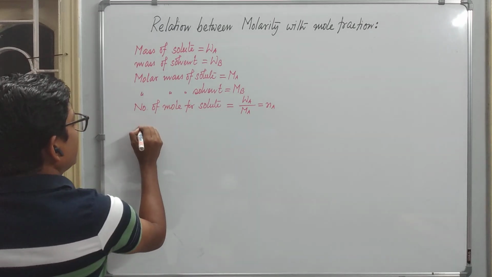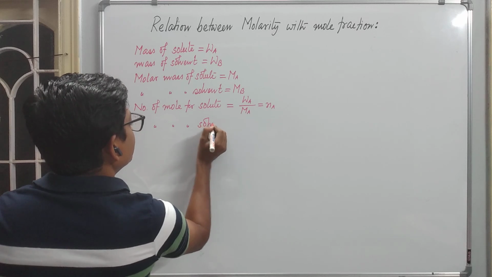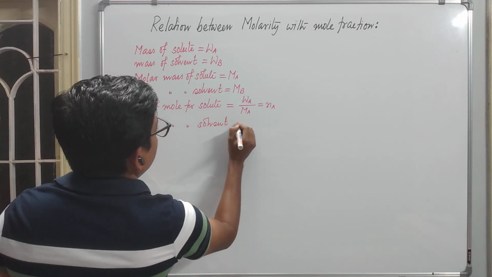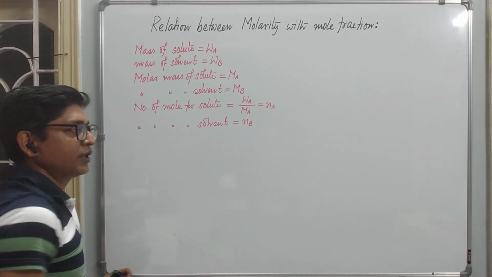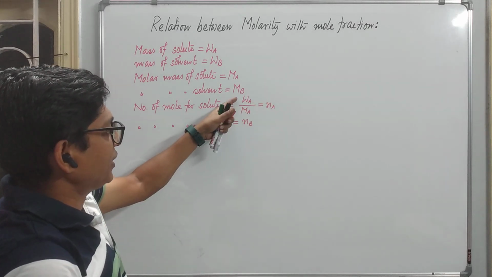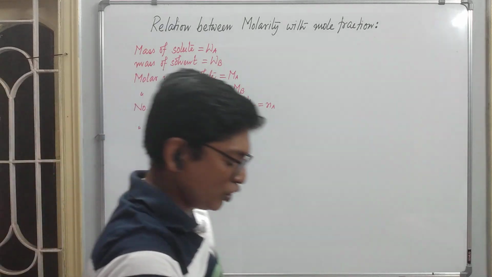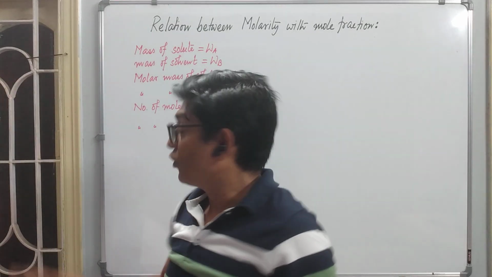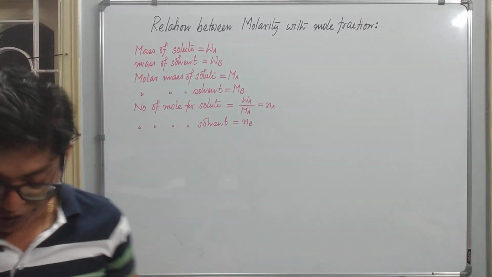Similarly, the number of moles for solvent, nB, is the mass divided by the molar mass MB. I hope you understand how we can calculate this. These are the things we are going to use for finding the relation between the molarity and the mole fraction.